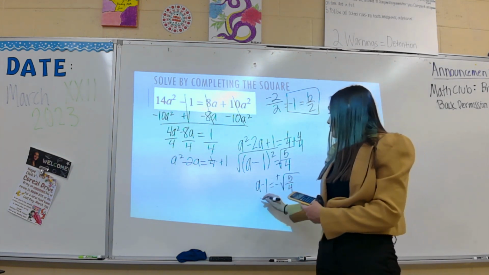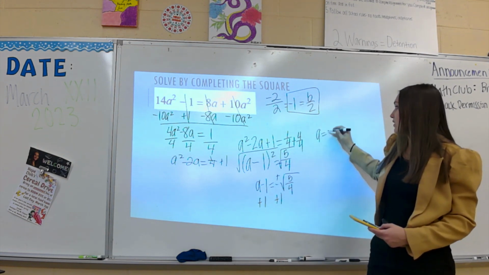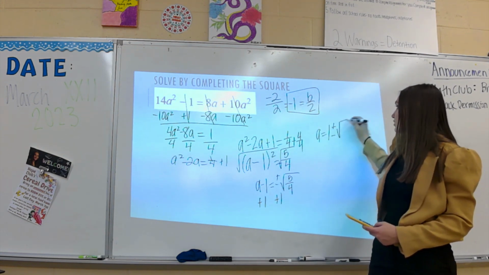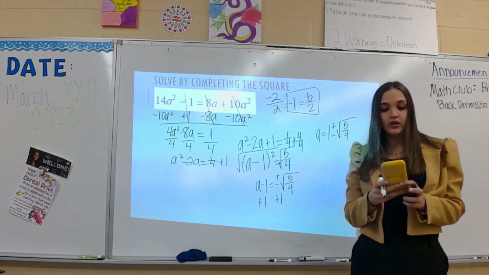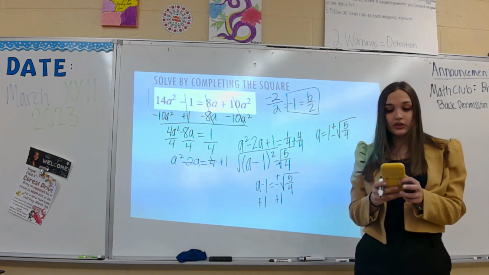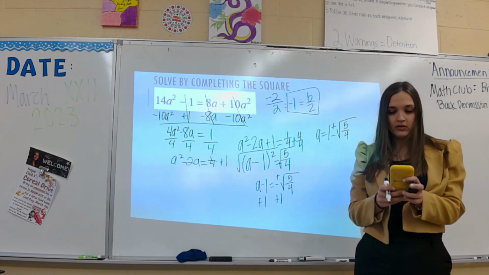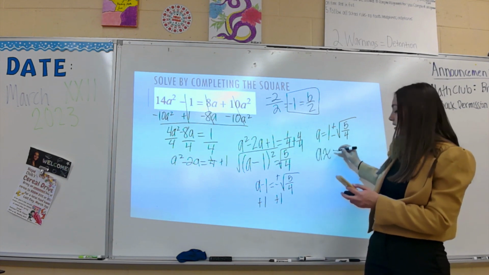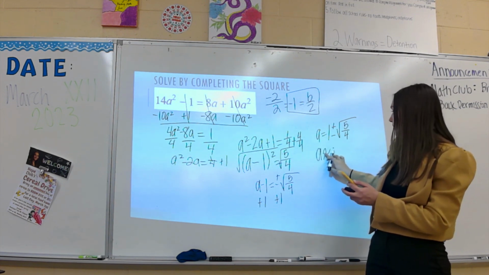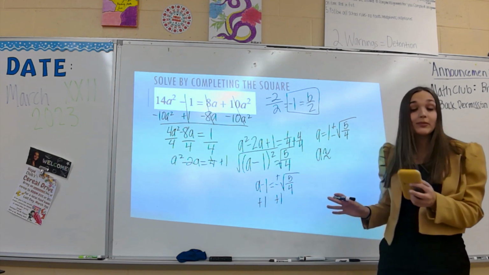Now I add 1 to both sides, and I'm going to have a equals 1 plus or minus the square root of 5/4. Let's put that in our calculator. We do 1 plus the square root of 5 divided by 4, and I get a is approximately, that's an approximation symbol, not an x. A lot of my students think this kind of looks like an x. That's approximation.